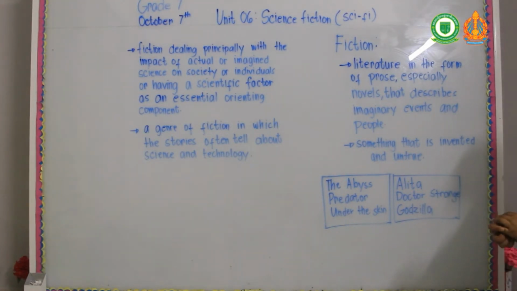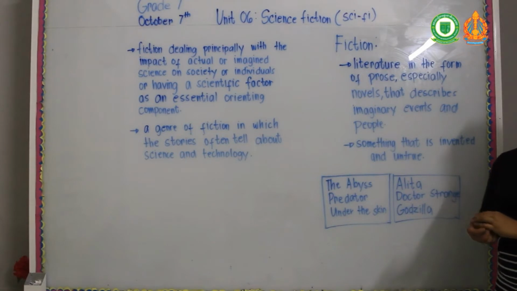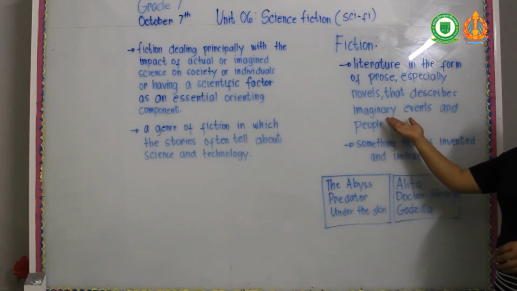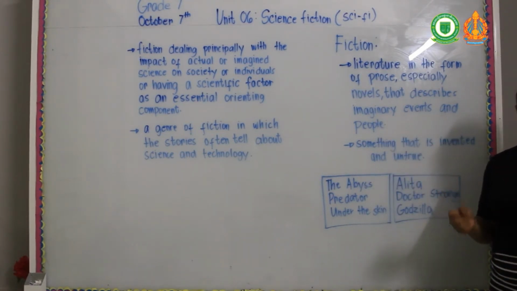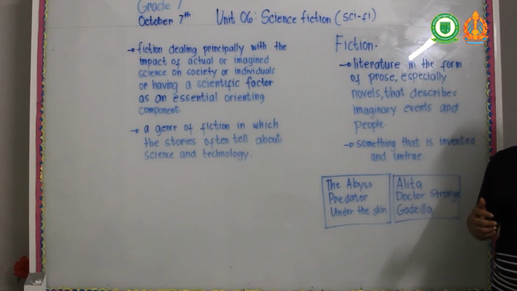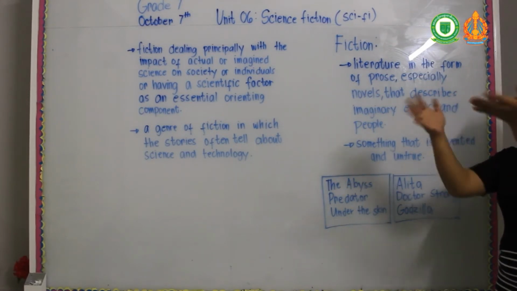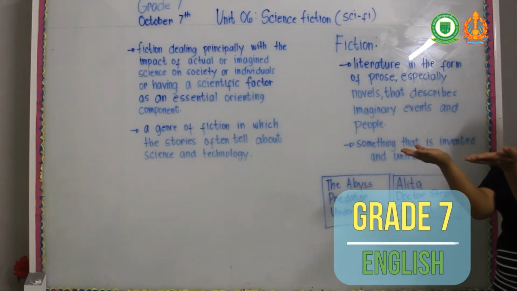Fiction here, we will discuss more about sci-fi. Okay, so fiction is literature in the form of prose, especially novels that describe imaginary events and people. Imaginary events and people, meaning these are just created in the mind of people. So they're just imagining, okay? For example, right now I can imagine there's a fairy flying in front of me.